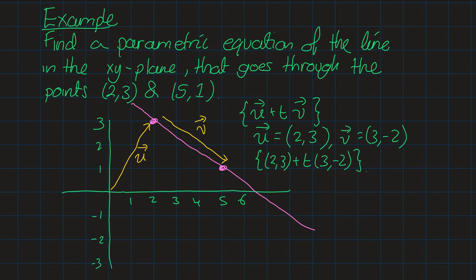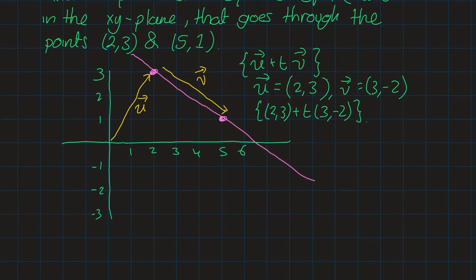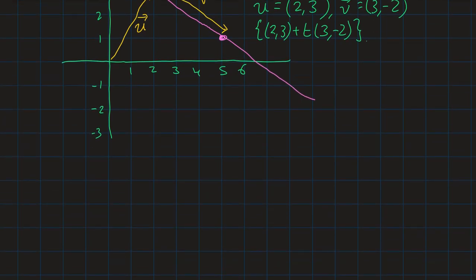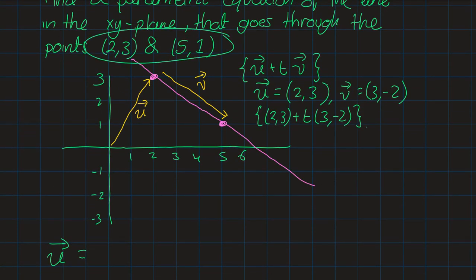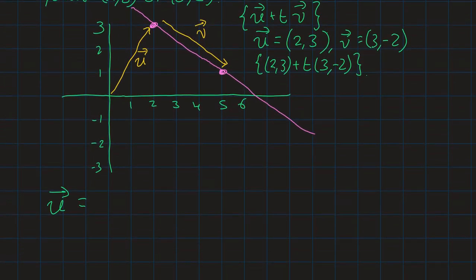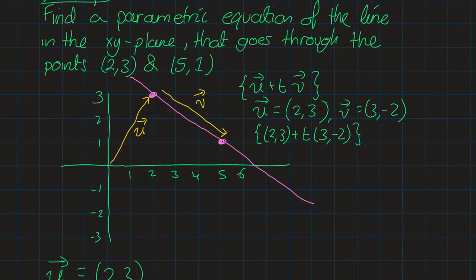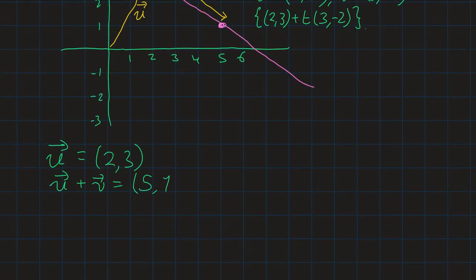Okay, if you didn't want to do it geometrically, you can do it purely algebraically. You can say something like, let u be equal to either one of these vectors. It doesn't matter which one. So I can let u be equal to (2, 3). And now I want to solve for v. Okay, I want v to be a directional vector. So I could try and solve an equation of the form u plus v equals the other point, (5, 1).